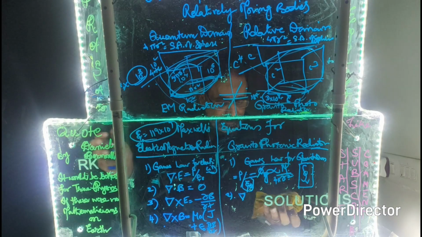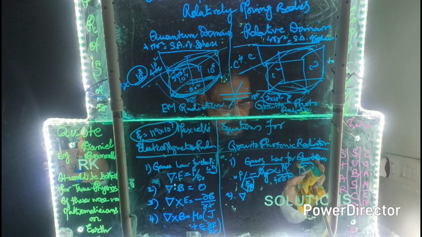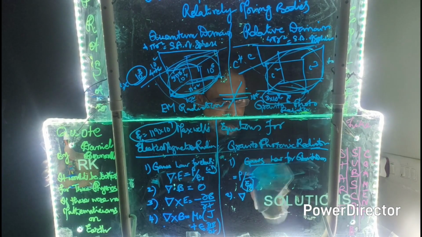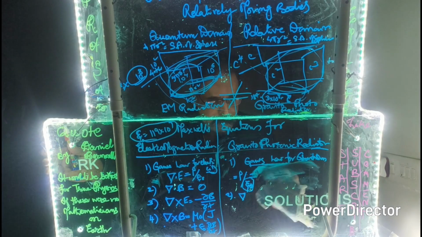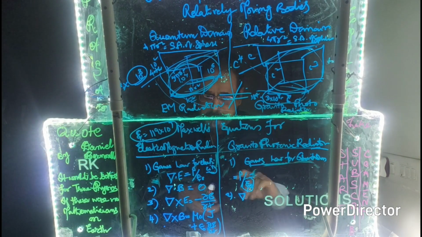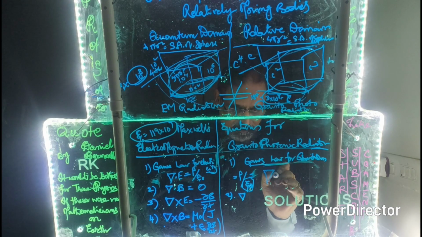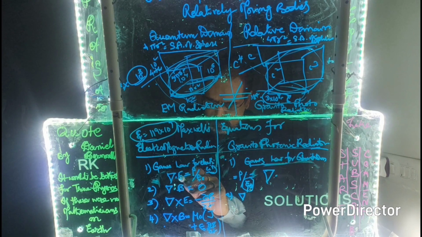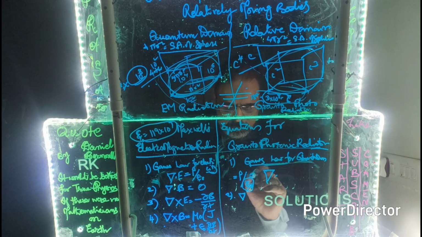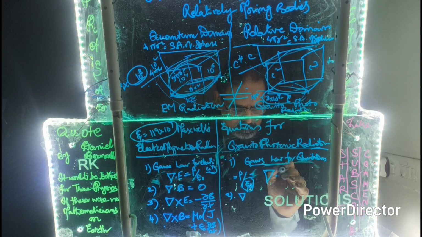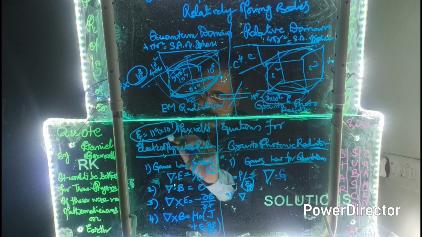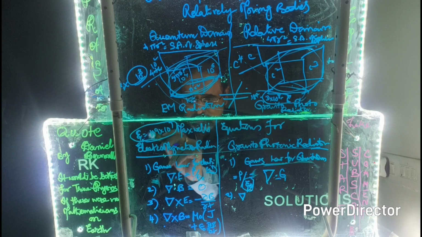The divergence of G, let's say, would be rho by xi naught.